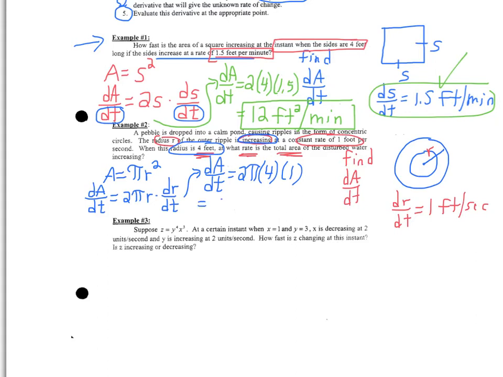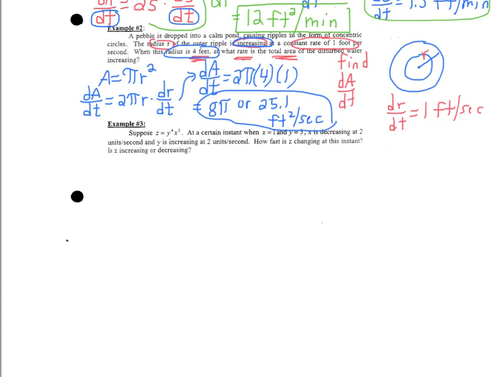So you end up with 8 pi. That's a nice exact answer. Or if you were to make it a decimal, 25.1 square feet per second. That would be our answer. So that's how fast the area would be increasing in this pond at the moment when the radius is 4 feet. One more example.